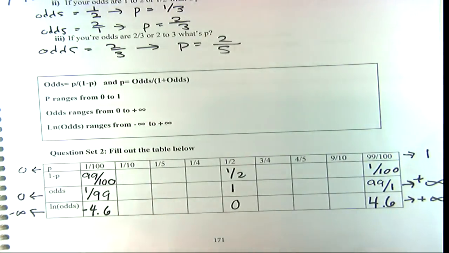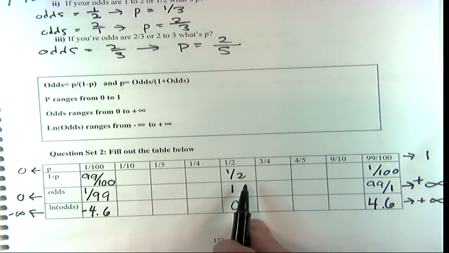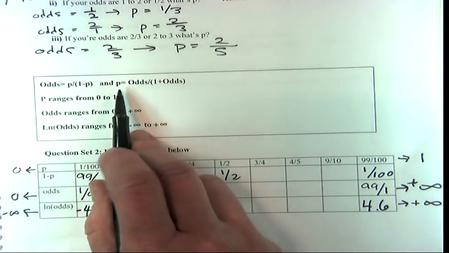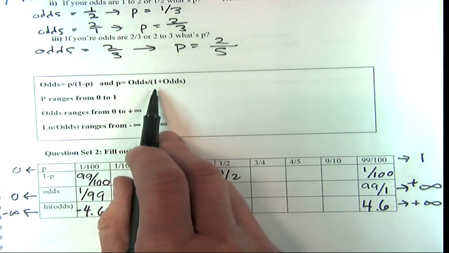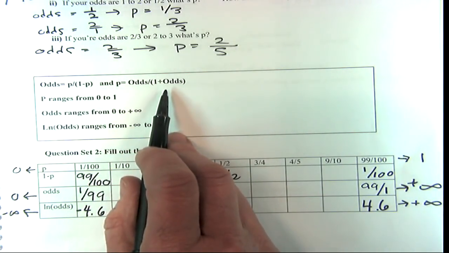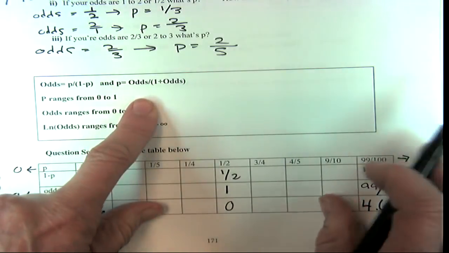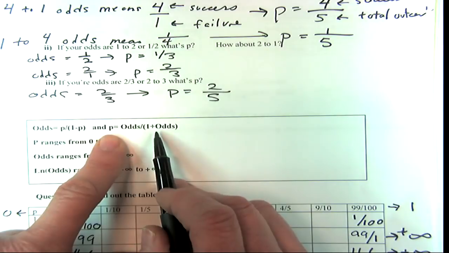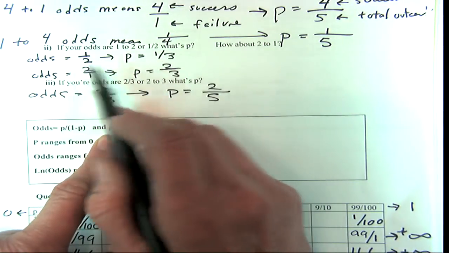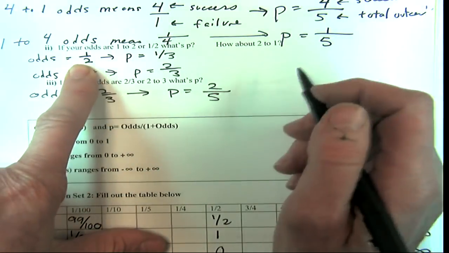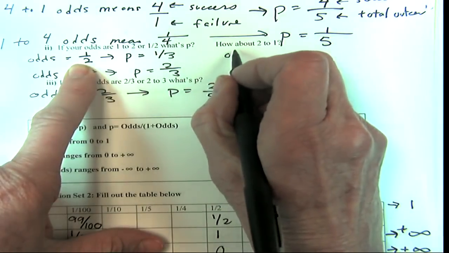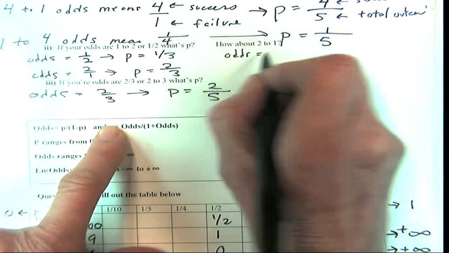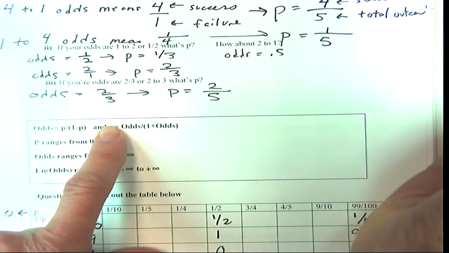And as you can see, this odds over 1 plus odds is exactly what we're doing here. So for example, another way to see this: here, the odds is 1/2. I could have written your odds is equal to 0.5, right?